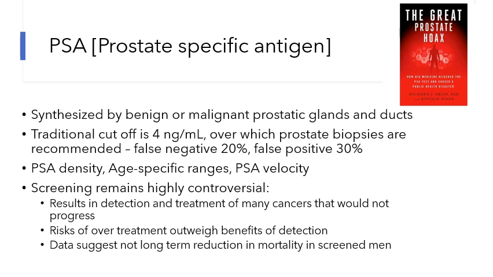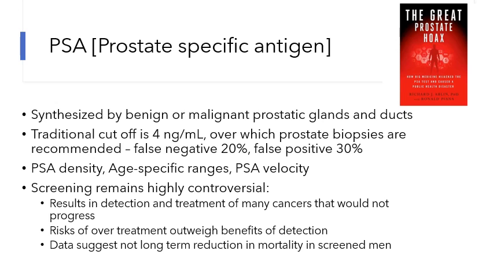So remember that PSA is synthesized by both the benign and malignant prostatic glands and ducts, and so even in patients who have benign hyperplasia of the prostate, we're going to see an increase in the serum PSA levels.